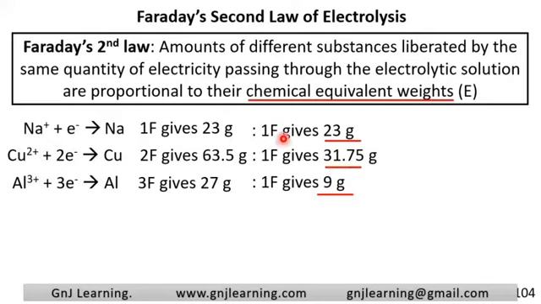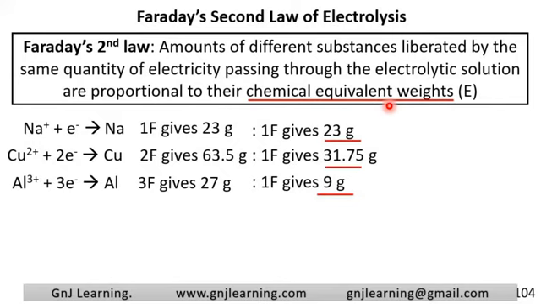Whatever charge I increase, a corresponding increase in the chemical equivalent weights is observed. Now read again: the amounts of different substances liberated by the same quantity of electricity passing through an electrolytic solution are proportional. So when I increase this, this will be increased. So it is proportional to their chemical equivalent weights.